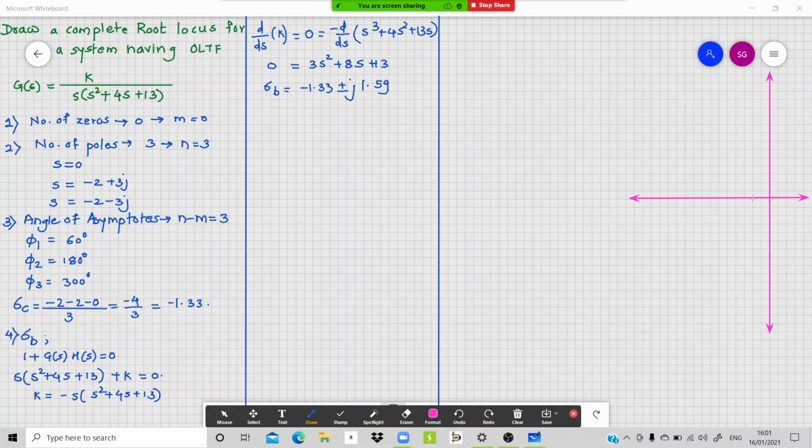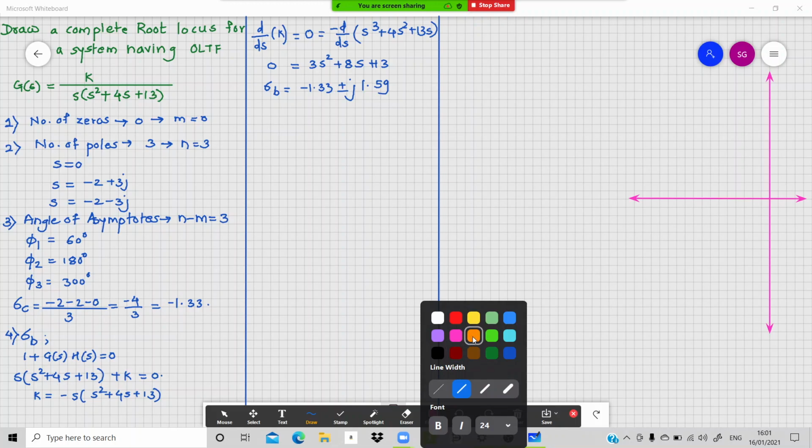I'll take two divisions as one unit. Okay, yes. So first we'll put the poles.